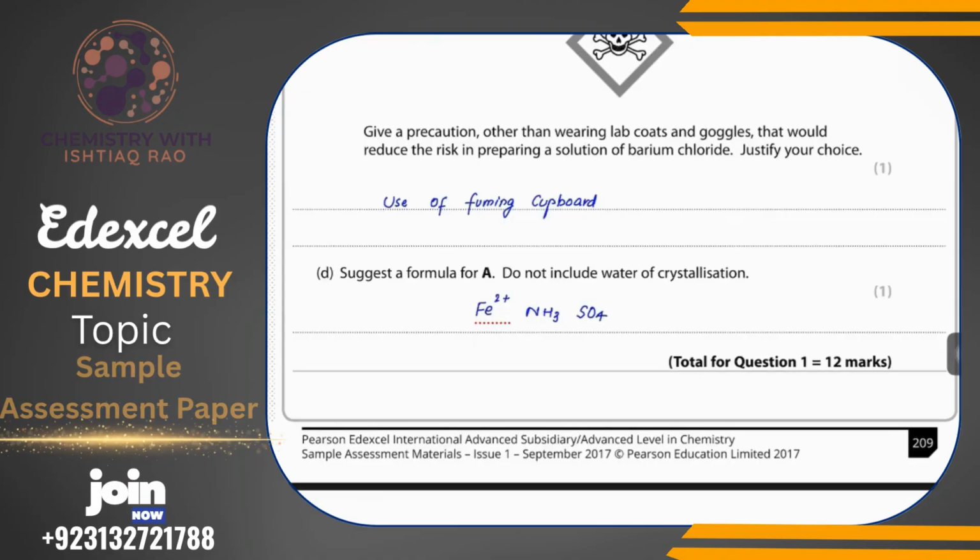So Fe, of course, because it will be the central metal ion. So Fe, if that is 2+, NH4, bracket, this is hard. If this would be 4+, 4 and plus 2 is 6, right?